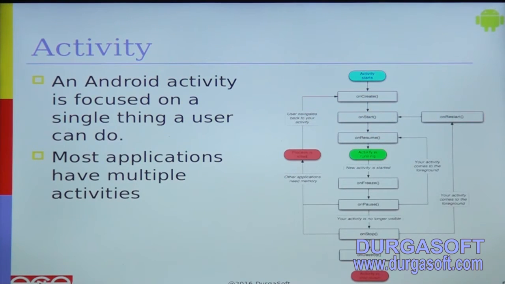So now your activity is no longer visible. Always keep this point in mind: whenever your application is paused, the user is no longer going to look at your activity. In the sense, he is not looking at that particular page. Maybe he had some other activity coming up on it, or he may have completely closed it and gone into another application. You can think of it in that way.